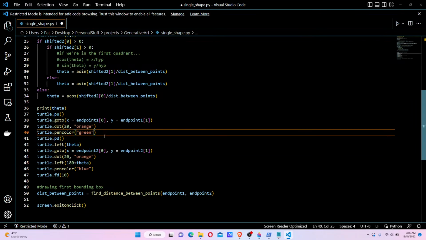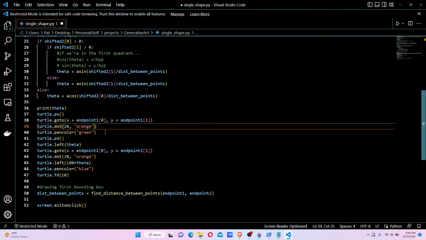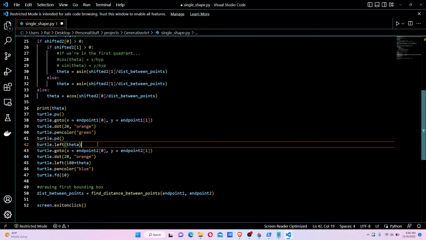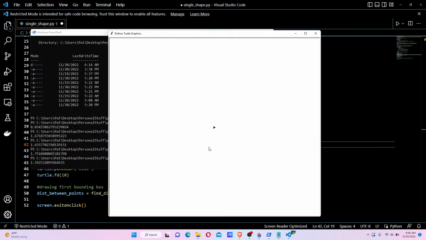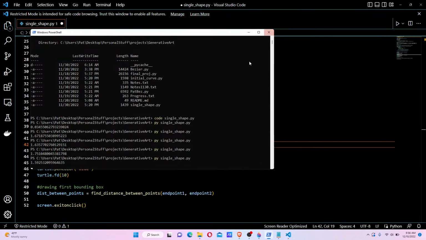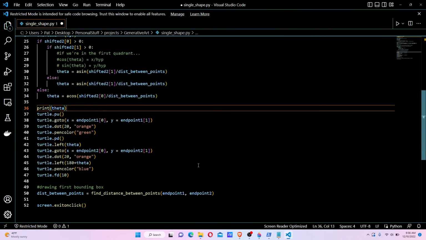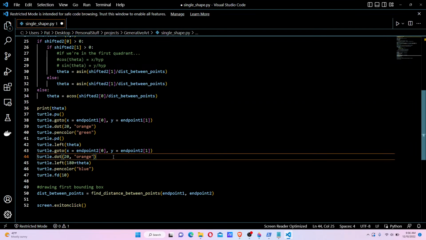Okay, so it makes a dot, changes pen color to green. It says it turns theta degrees. Does it turn at all? No, the only time it turns is after it finishes the second shape. Goes to the second endpoint. Then it makes a dot.